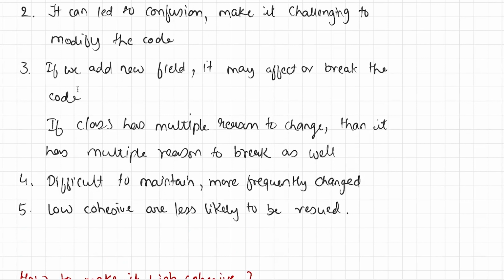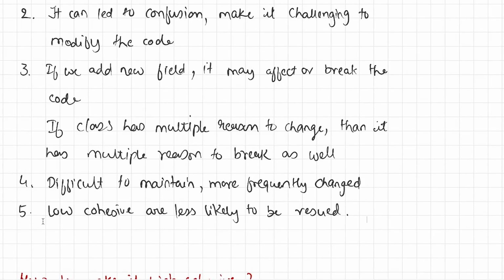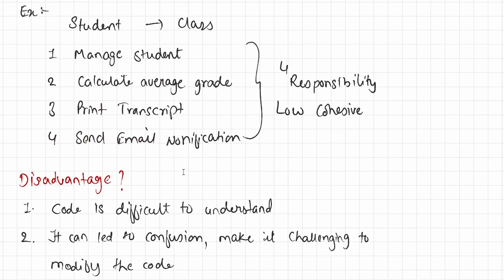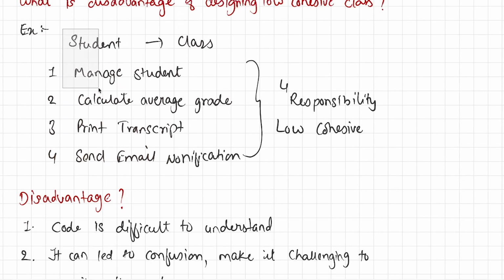And the last disadvantage of a low cohesive class is that it is less likely to be reused. And it is also correct. Why is it so? Let's say I want to use this Student class somewhere else. Then I cannot reuse this class. Why? Because this class contains calculate average grade, which is of no use. It contains the print transcript method, that is also of no use.